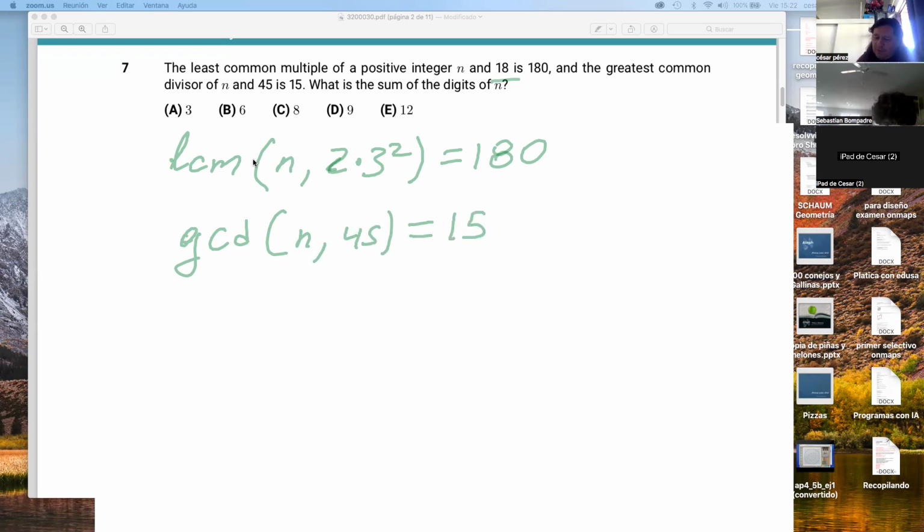Okay, so 15 must divide n. Do you agree? 15 debe dividir a n, porque es un divisor de n. So it's important that we learn to write this. When we say that 15 divides n, we're saying that n is the product of 15 times something, okay?